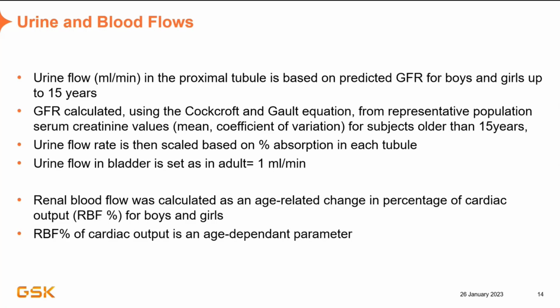Further down, before the Henle loop, the flow in the adults will be 45 milliliter per minute. So the fraction that is reabsorbed between these two segments is assumed to be fixed between the adults and pediatrics. Based on that assumption, we calculate the urine flow in the segments from one to another. At the end, the urine flow in the bladder is set as the adult value, which is 1 milliliter per minute.